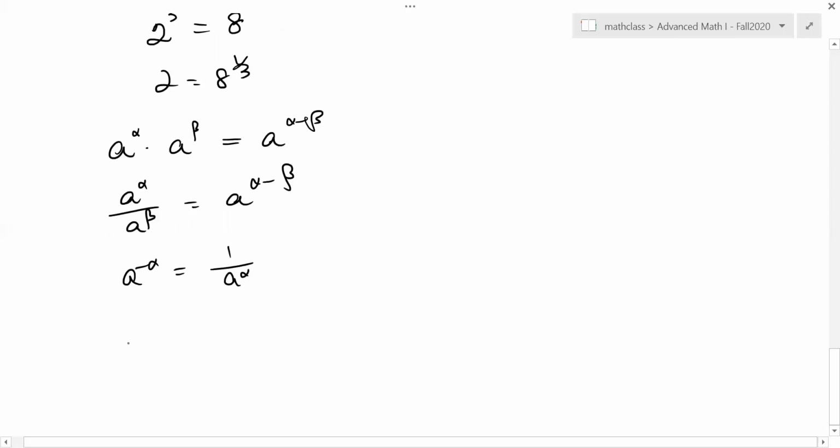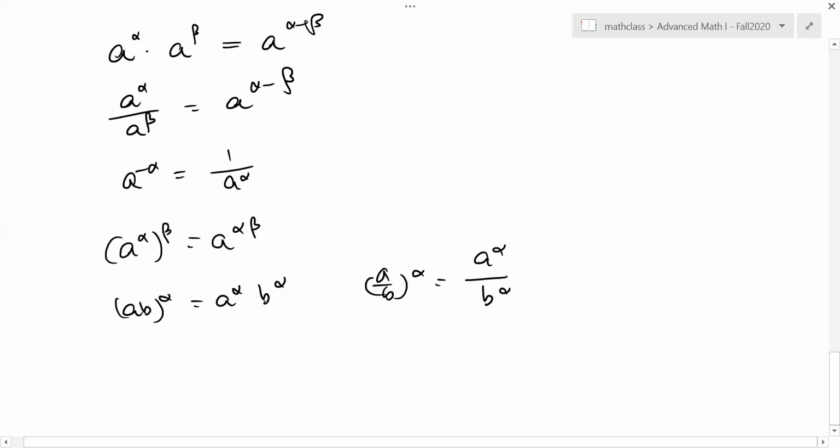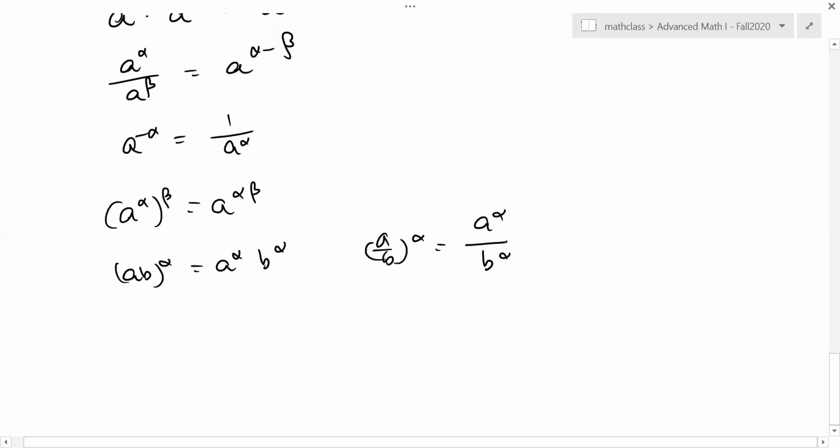Another formula: a to the alpha, to the beta, is a to the alpha beta. And what else? We have ab to the alpha, which is a to the alpha times b to the alpha. Another one is a over b to the alpha, which is a to the alpha over b to the alpha. Okay, so those are the formulas. We should be familiar with that.